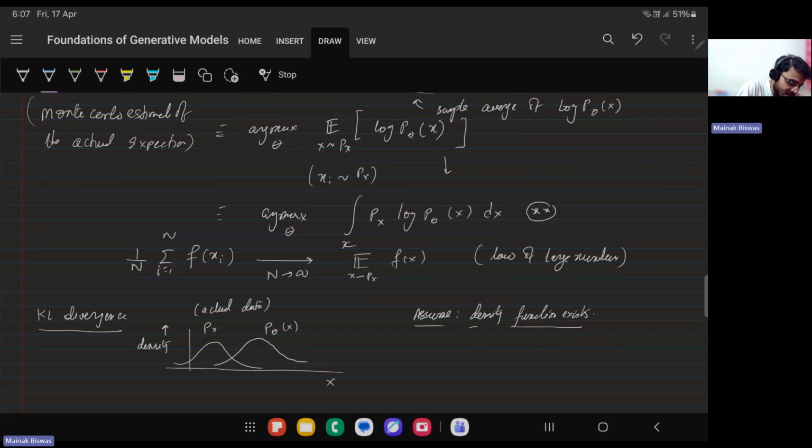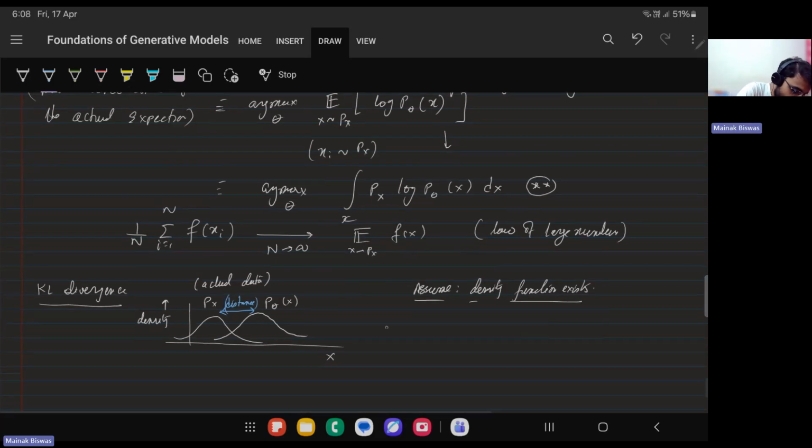You can say this KL divergence defines the distance between these two distributions. That is, it's a metric. So what are the properties we want?